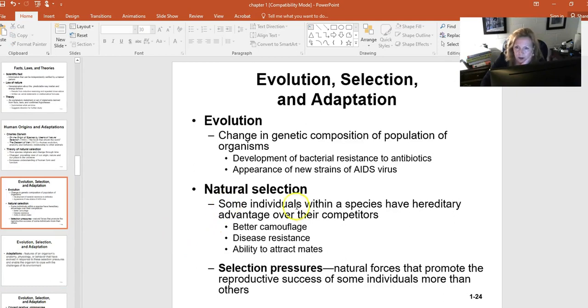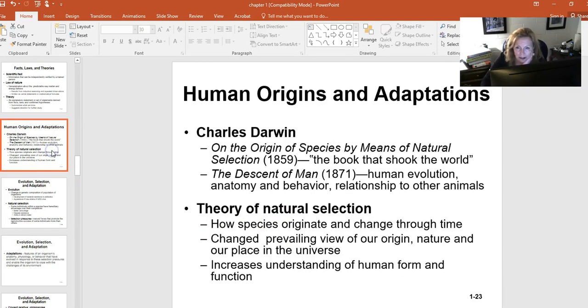The theory of evolution simply states, it's not about people, it's not about individuals. It isn't about that.